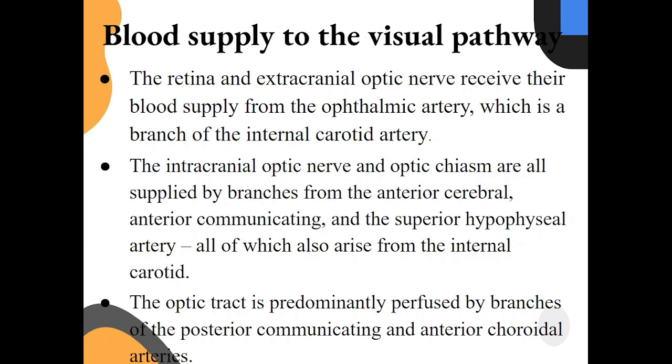Number 3, posterior ciliary artery. This artery also branches off from the ophthalmic artery and supplies blood to the choroid, which is a layer of tissue in the eye that provides oxygen and nutrition to the retina.